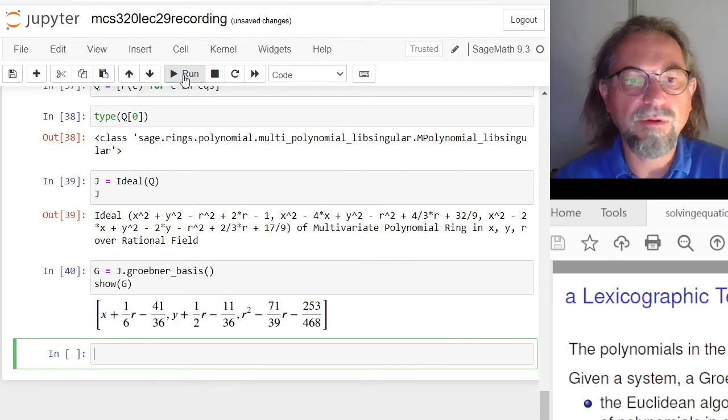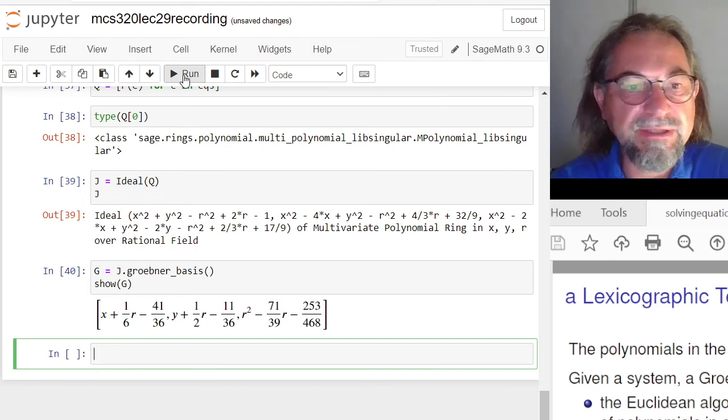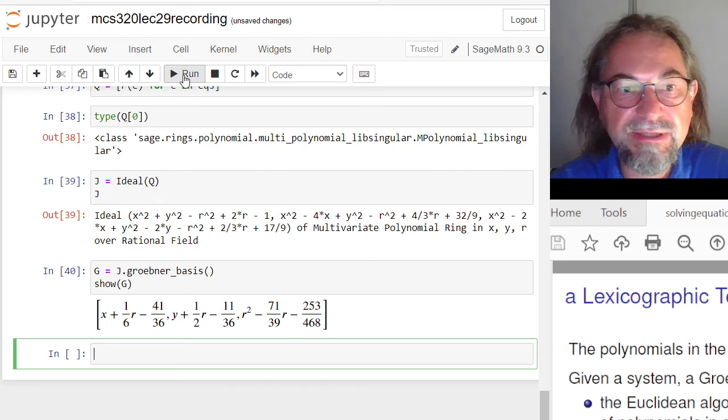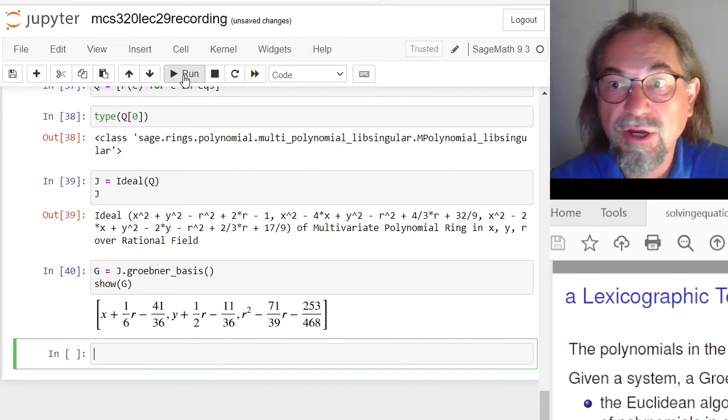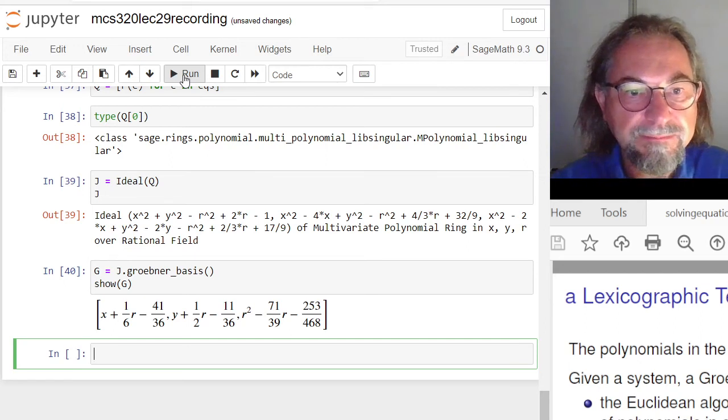and we see it instantaneously come up. We see the triangular form. The last equation is only in R, because the x and the y appeared earlier and they were eliminated. So we see the triangular shape of this basis.